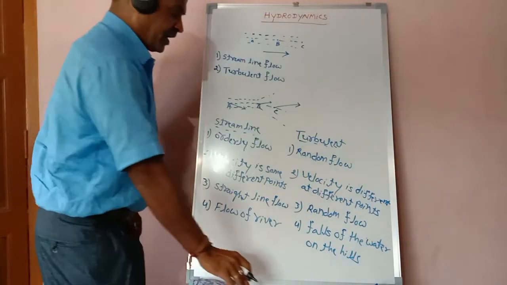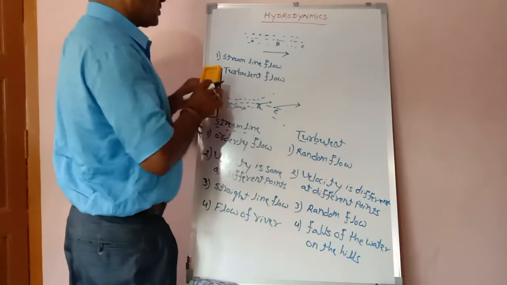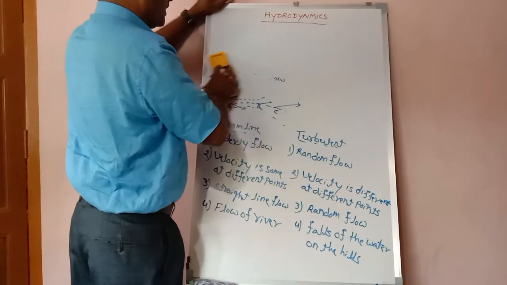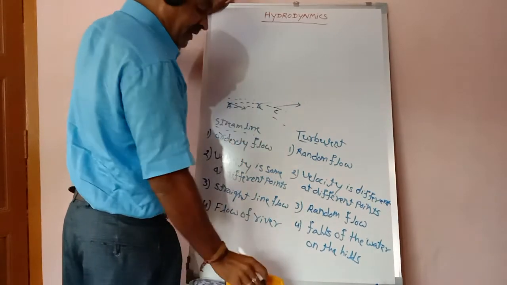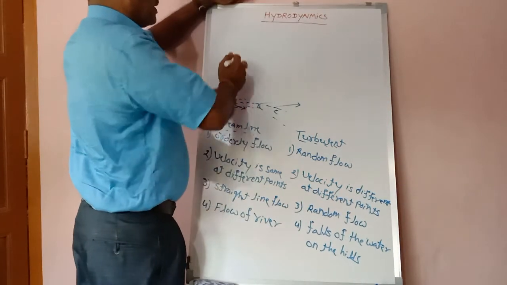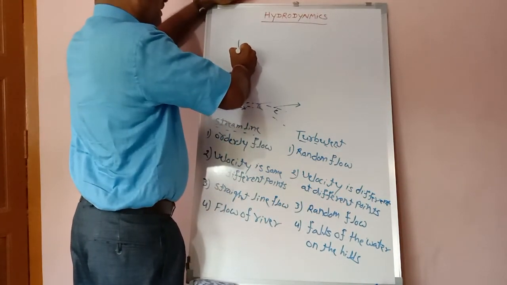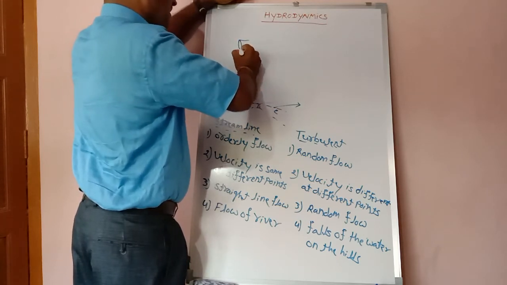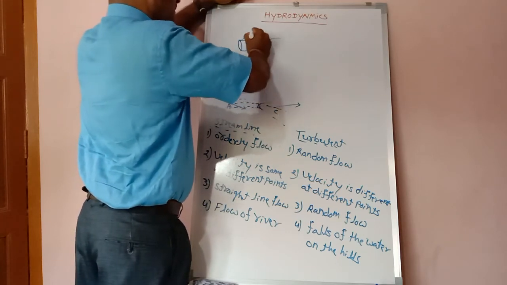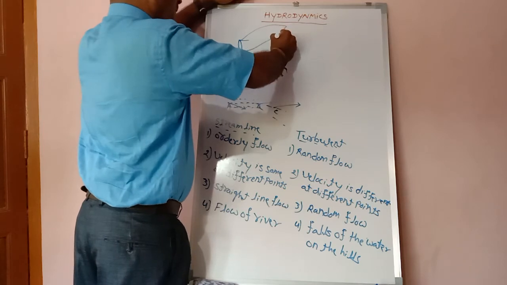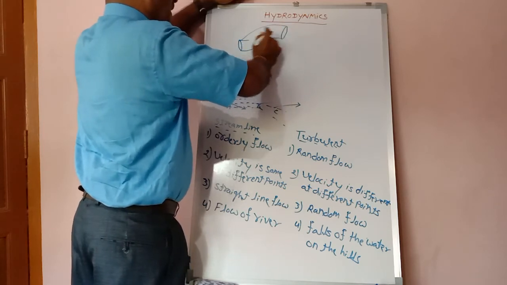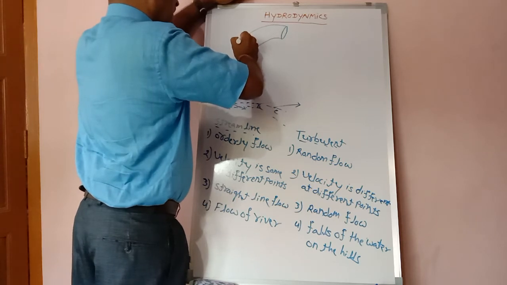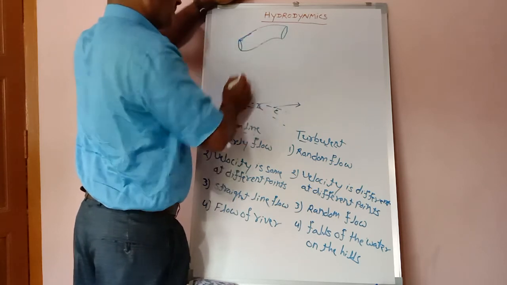Okay. Now we go to the next one, that is the equation of continuity. Here one pipe is taken having different areas of cross section. Clear?